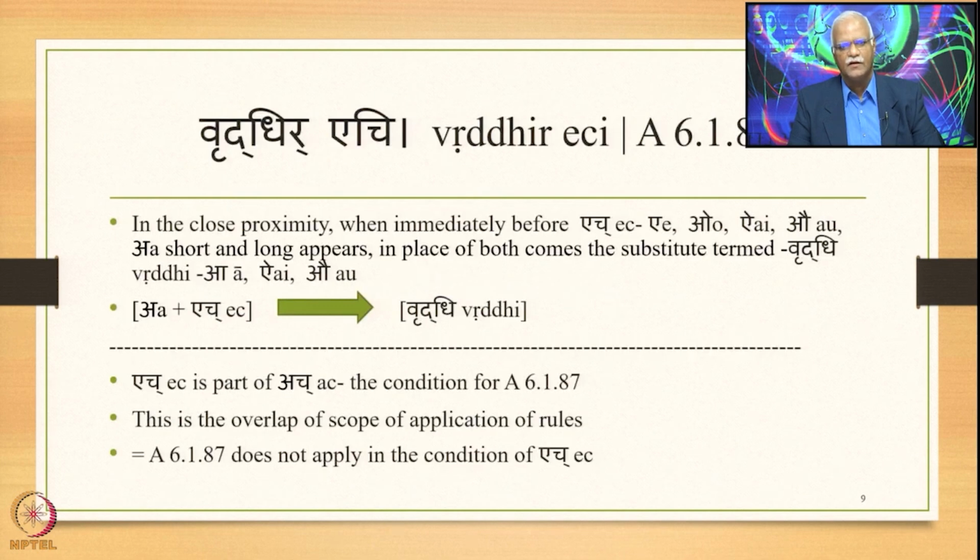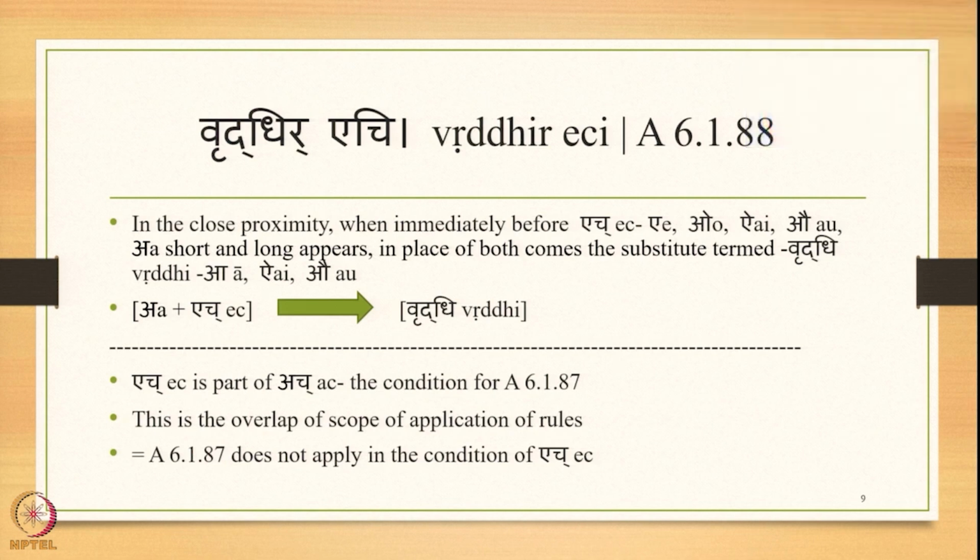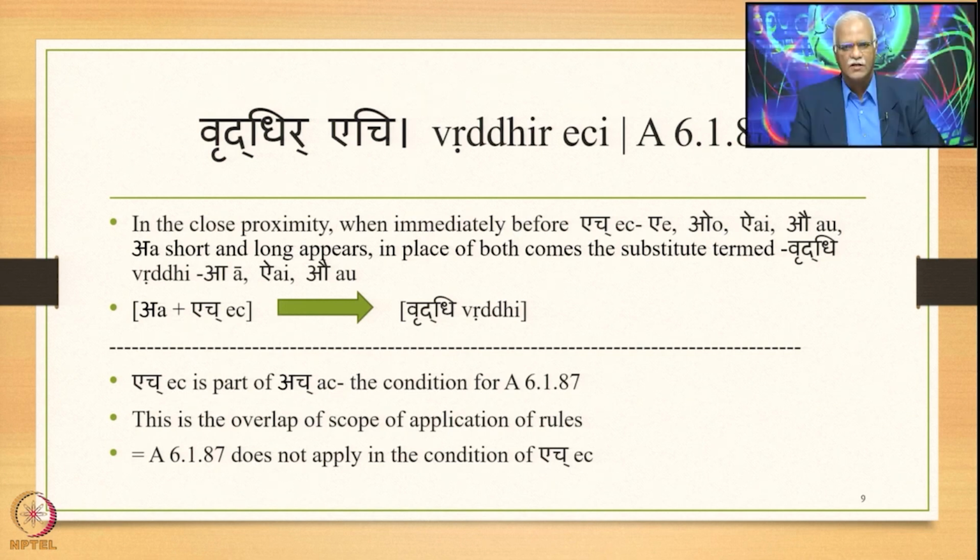Right now we are focused on Vriddhi Sandhi, and we have already studied Vriddhirechi, and Vriddhirechi 6.1.88 means in the close proximity when immediately before Ech, and Ech is E, O, Ai and Au. The Pratyahara Ech covers Sutra number 3 and 4 in the Pratyahara Sutras.